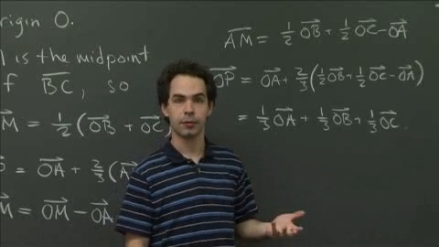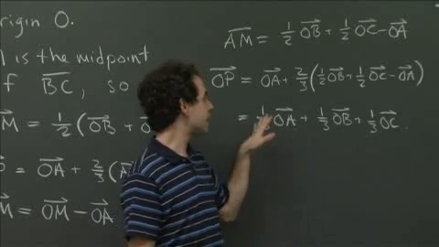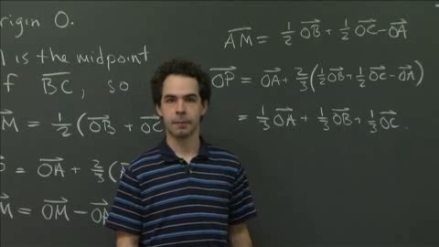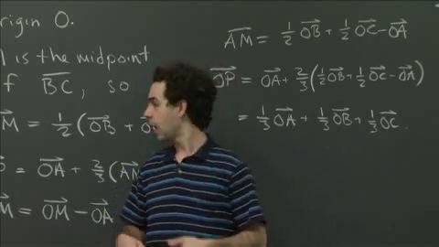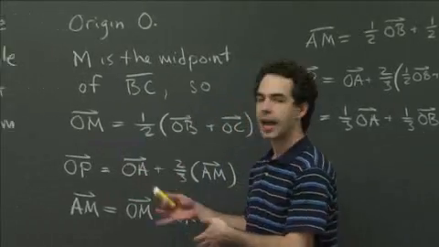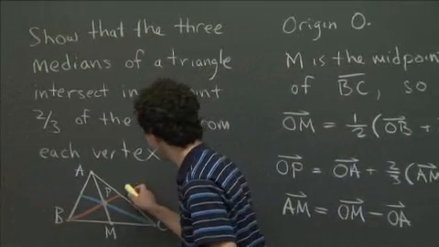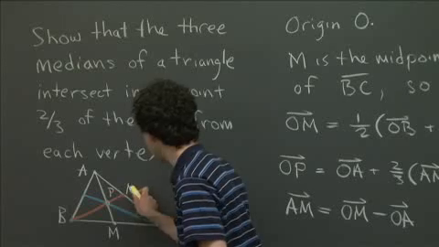Now to finish the problem, I just have to show that this is the same location as the point that trisects the other medians. So how would I do that? Well, I could go back to my triangle, and I could do exactly the same thing. So maybe I'll give this midpoint a name also. I'll call this midpoint N, say.